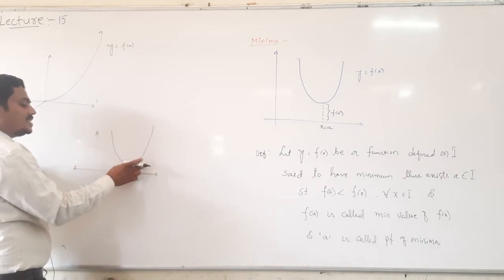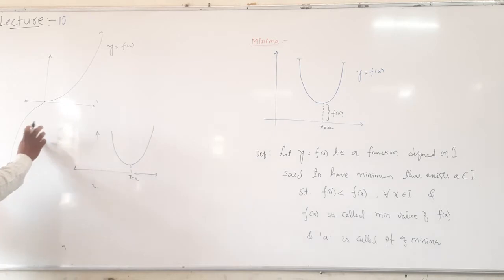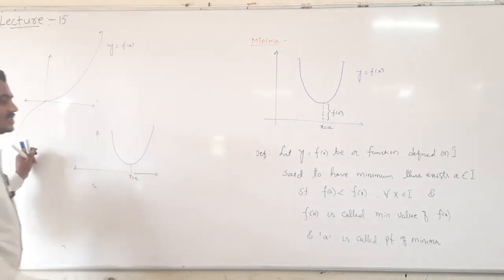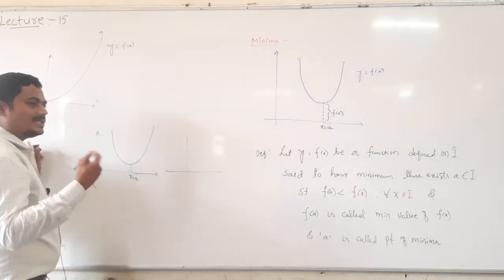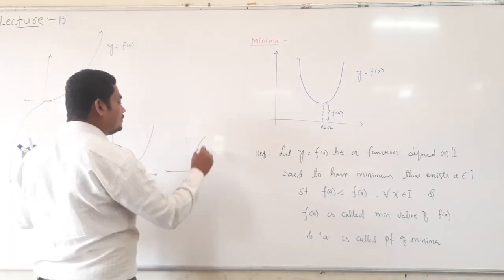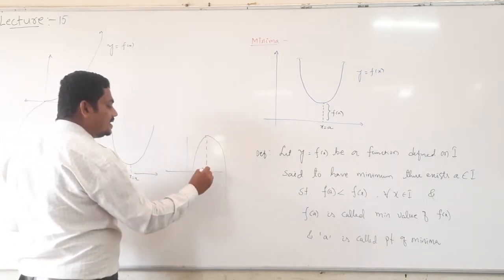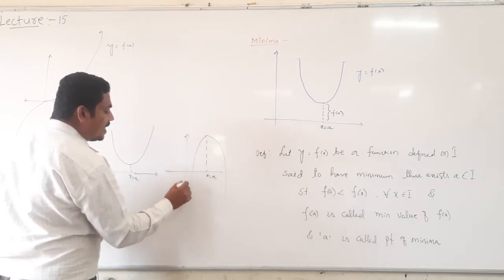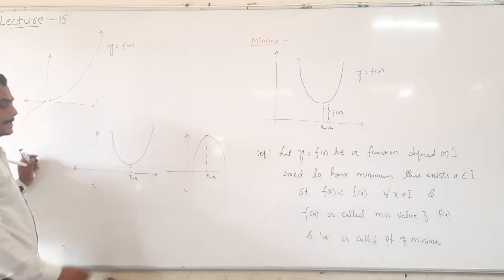For some functions there is a maximum but no minimum, because it goes up to plus infinity.